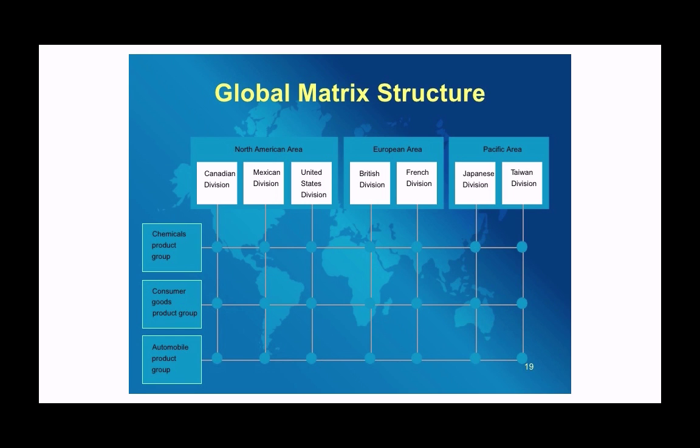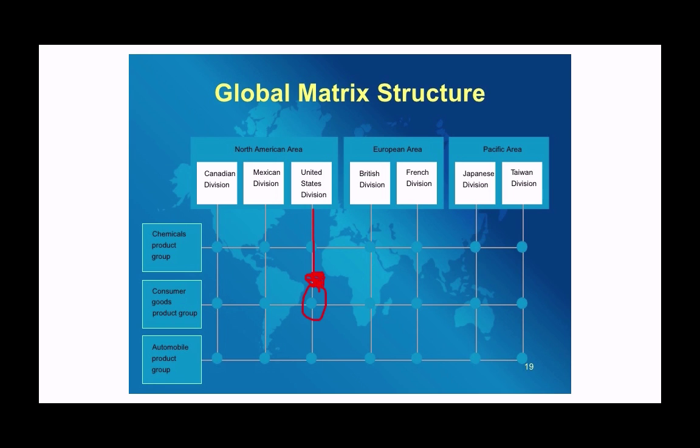So what are the advantages of this matrix structure? If you're down here as the product manager, some of the advantages are that there's more cross-functional work in the business. As the manager, you'd be getting a lot of expertise from the United States perspective and all the resources this division can provide to you as a product manager.